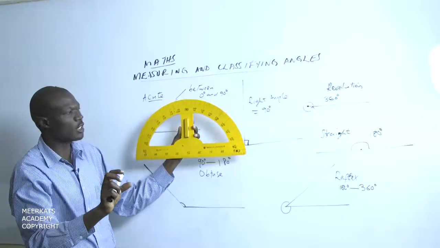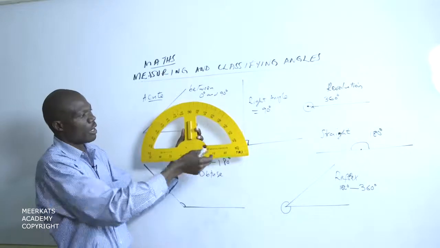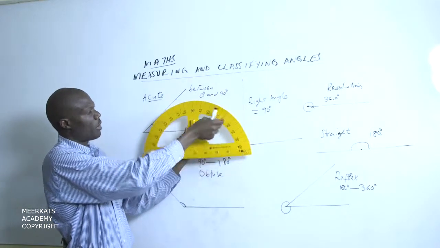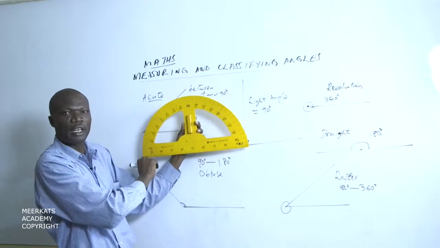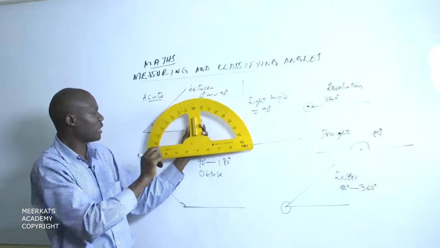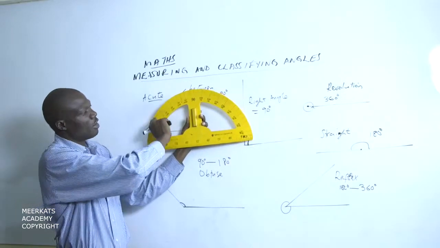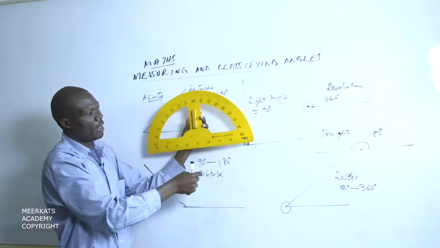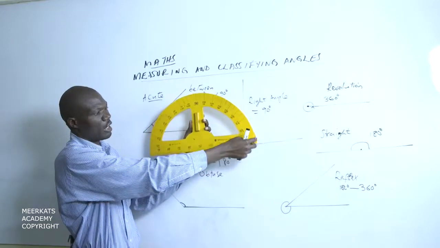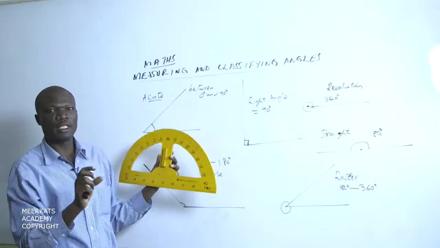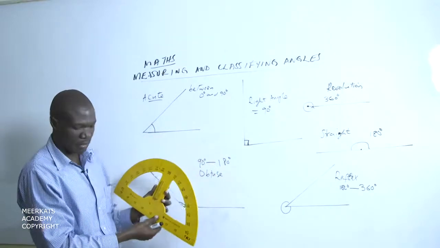Most protractors have got two scales. One starting from the right, 0, all the way to the left side of 180 degrees, while the second scale starts from the left side, 0, 10, all the way to the right-hand side where we have 180 degrees. This is because an angle can be measured from any direction.